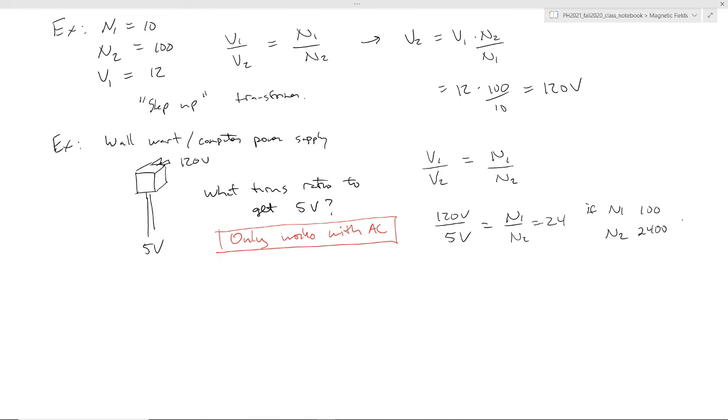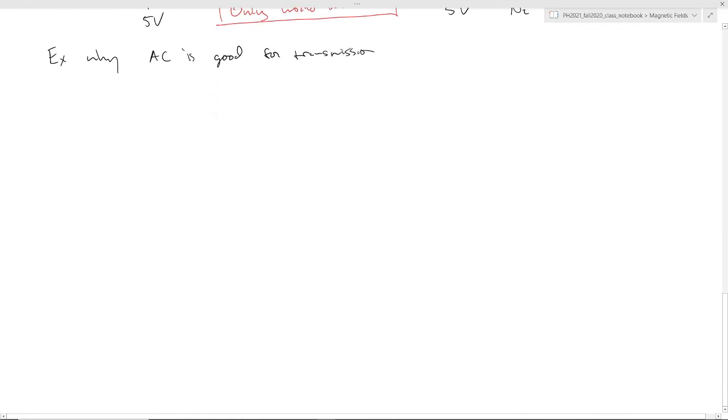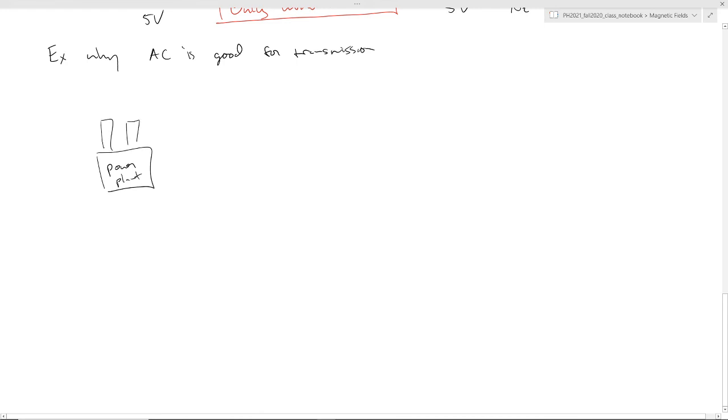One other thing I want to mention for why AC is so useful is that it is used in transmission. Your book talks about this as well, but the cartoon picture is you have a power plant, and you don't just have a generator that spits out a voltage and send that out to people.